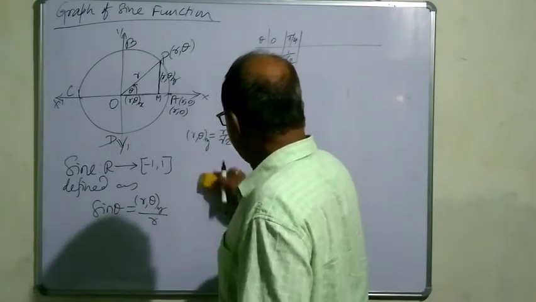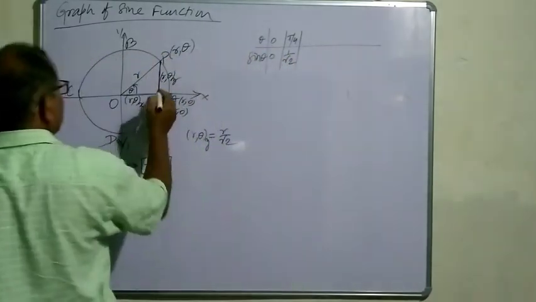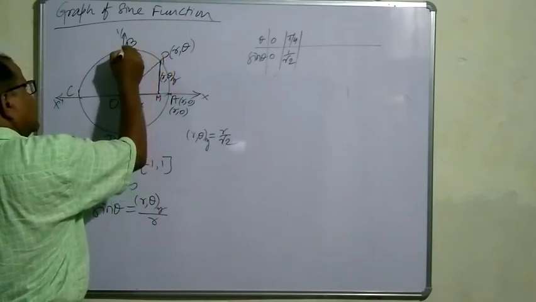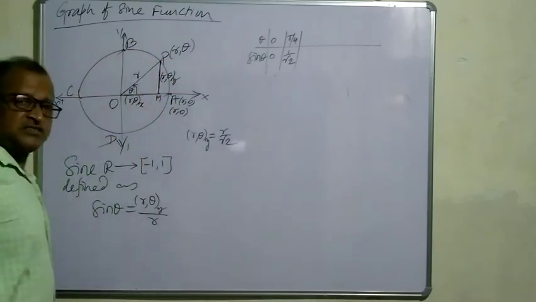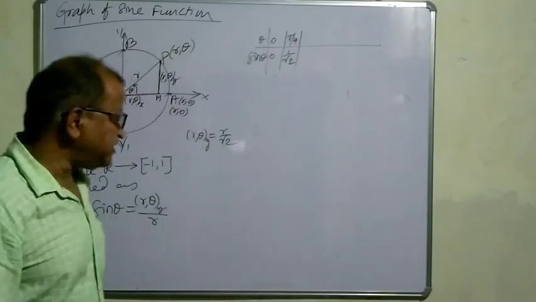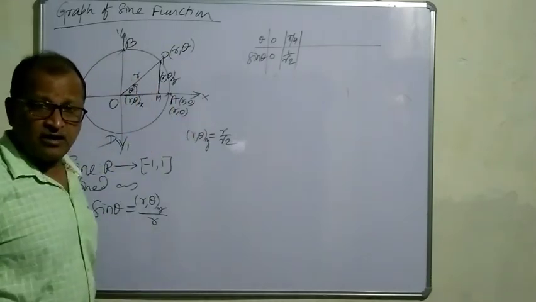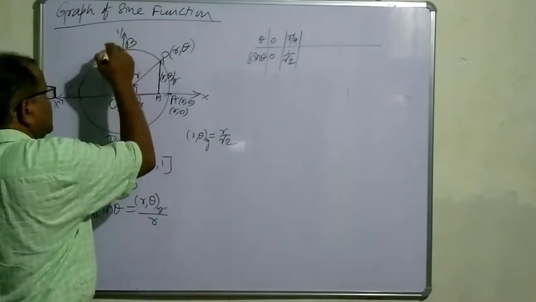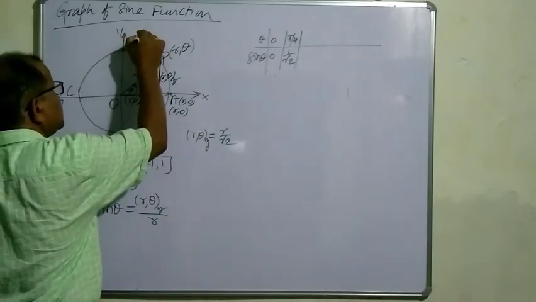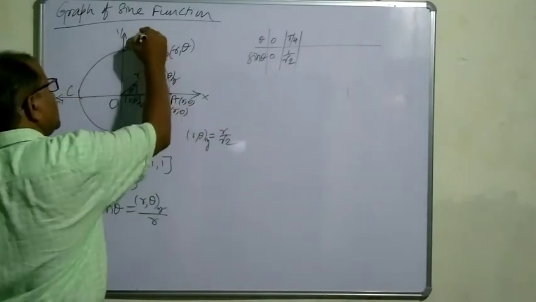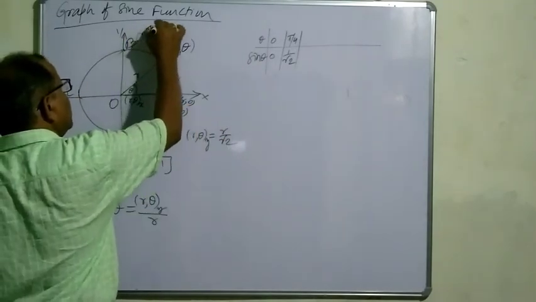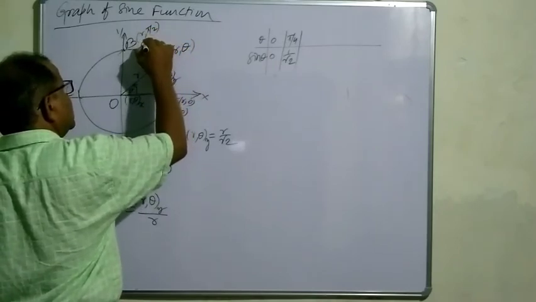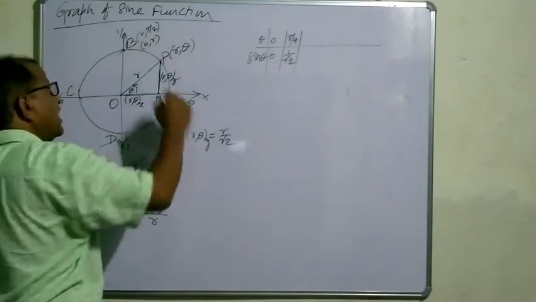Now, again, your point is moving. When it is here, that means theta is pi by 2, or 90 degrees. Pi by 2 in radians and 90 in degrees. Here its polar coordinates will be r, pi by 2 and its Cartesian coordinates will be 0, r.